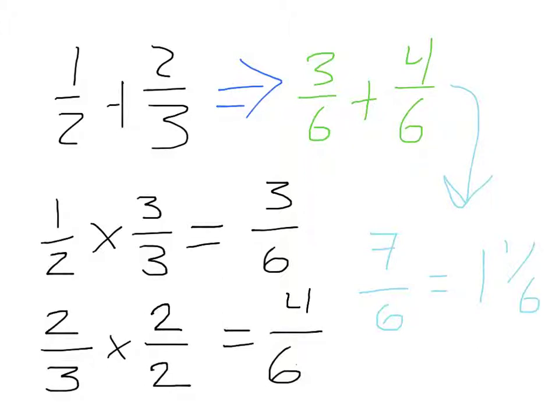That's because we know that 6 goes into 7 one time. And we can look at it as subtracting 6/6. I'm going to erase this part here so that there's a little bit more space.